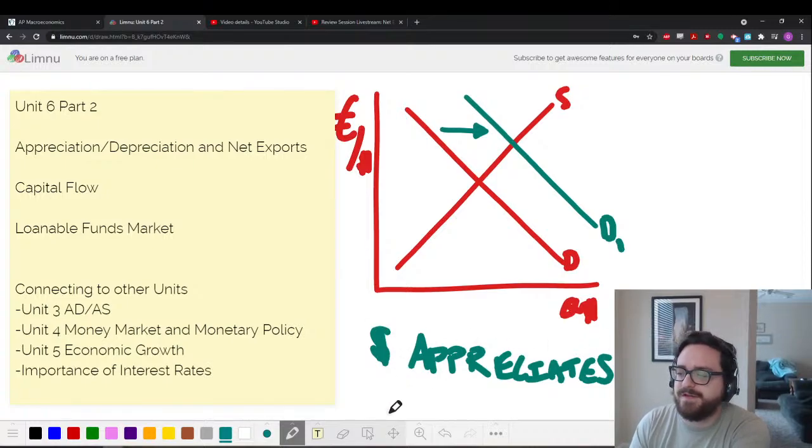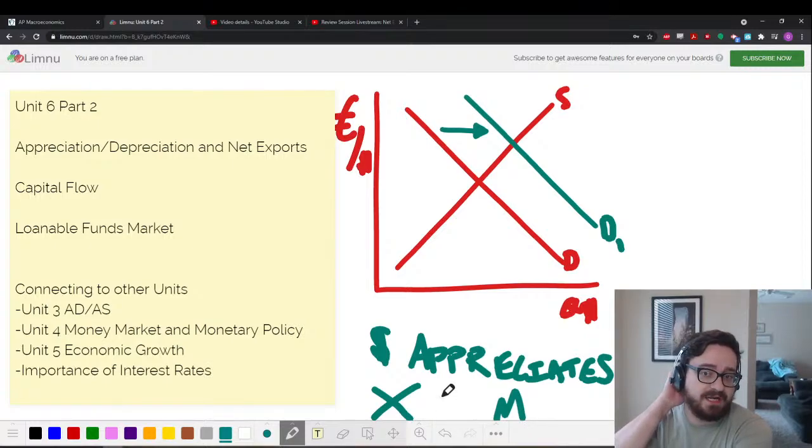Now, the next part of this, which I did leave off of Tuesday's video, is that when your currency changes value, your ability to export and import goods is going to get messed with. Because if it now takes more euros to get a dollar, any transaction that involves dollars to euros or euros to dollars is going to get messed with, which will affect your imports and exports. So, say you are an American business trying to sell your goods out in France.